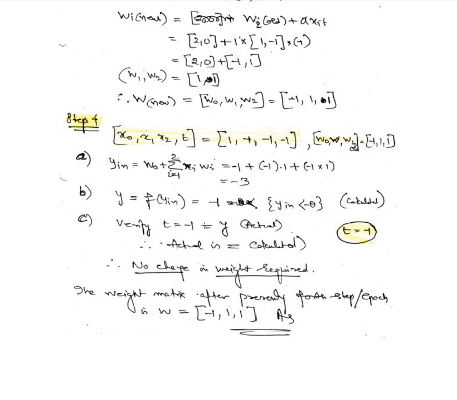So this is how we do the training of the network based on the various conditions that we have seen over here. With this I conclude the numerical on the perceptron. We will be discussing further on the perceptron in the subsequent class.